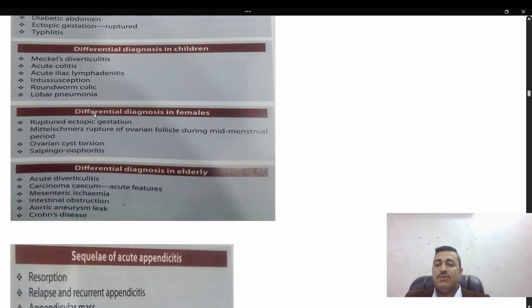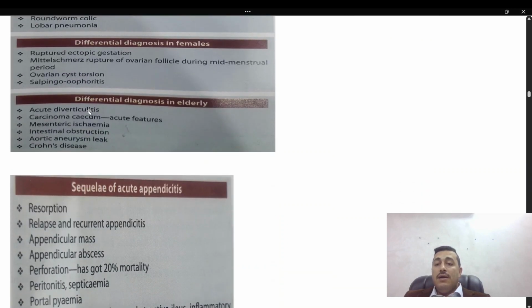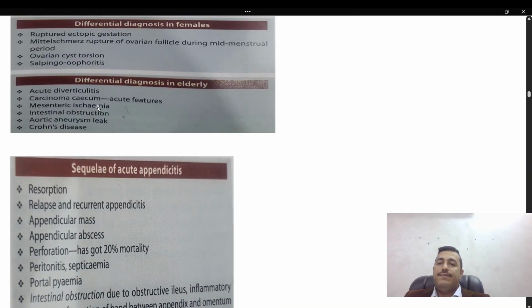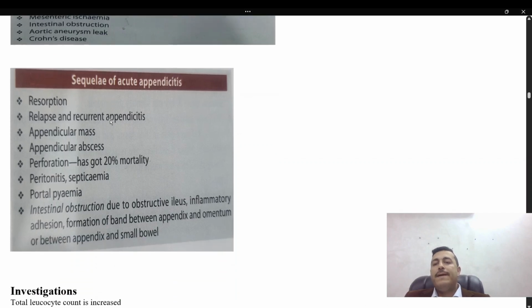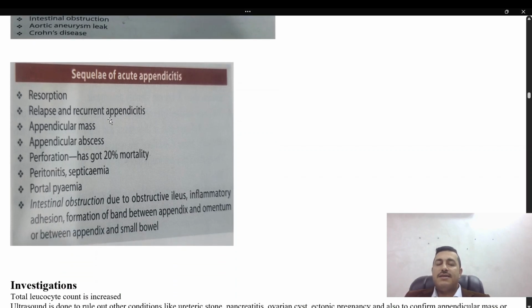We actually discussed most of them. If we consider the differential diagnosis in the elderly: acute diverticulitis, carcinoma of the cecum, mesenteric ischemia, intestinal obstruction, aortic aneurysm leak, Crohn's disease. So it is sometimes a little bit difficult to diagnose acute appendicitis.